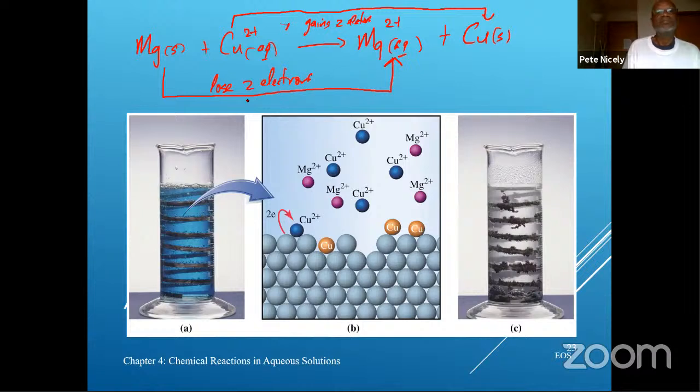Okay, and so this process here is oxidation, the loss of electrons, and this process here is reduction. All right. So this is a simple example we looked at, and several principles are in play here, which apply to all redox reactions. But I would say that the most important one is that the number of electrons lost must be equal to the number of electrons gained.